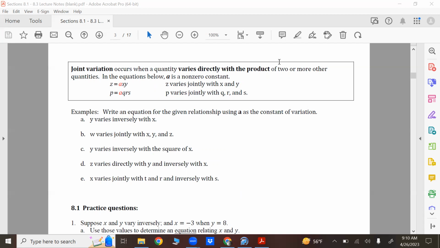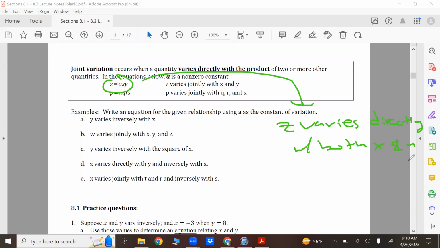So for joint variation, I can't think of a good example off the top of my head, but it's when Z, in this case here, varies directly with both X and Y. But we say jointly instead because there's more than one variable.